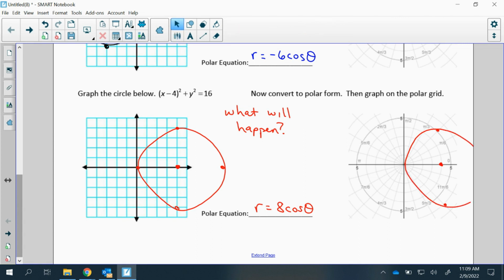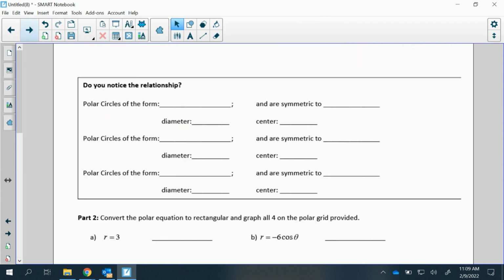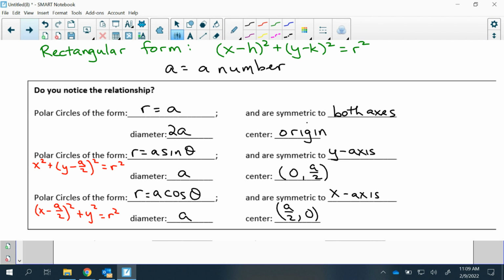So then, how do we describe the relationships between these things? What we will notice is that we have three different major types of circles that we are talking about in polar form. The first one is r equals a, which would represent a circle centered at the origin with a radius of a and a diameter of 2a, and that's symmetric to both axes.